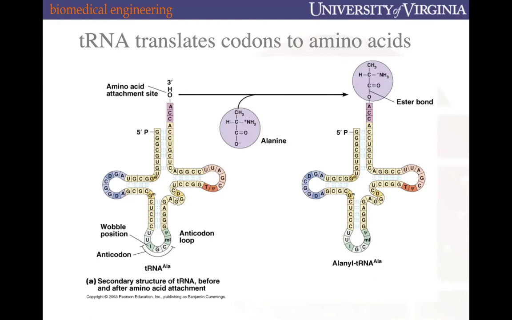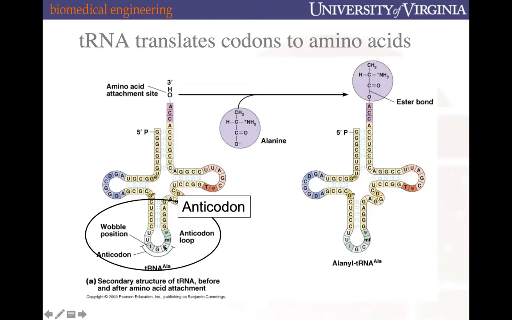Transfer RNA has a bit of a unique structure. It has these 3 hairpin loops. And via an ester bond, it has specific amino acids that are bound to the 3' end of the transfer RNA.